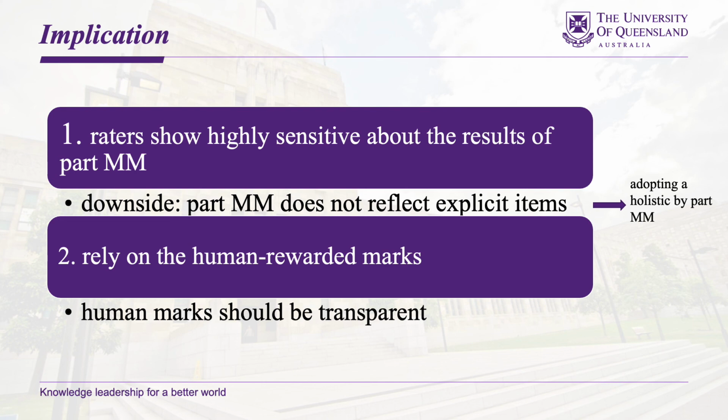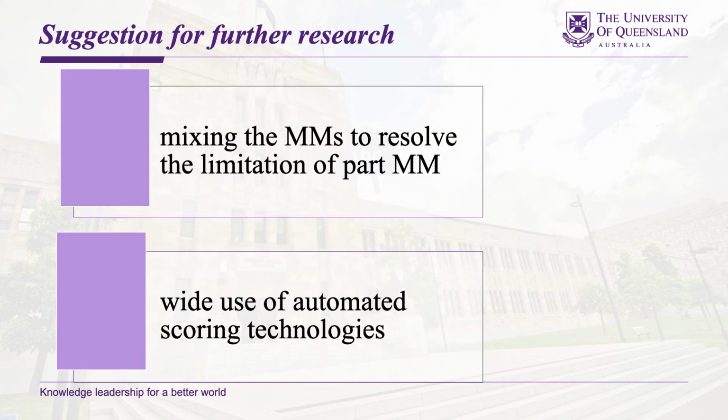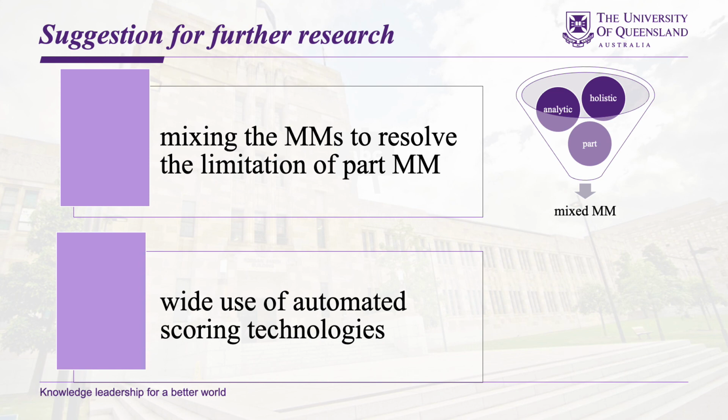Another implication is that when developing the choice of marking models, it relies on the human-awarded marks, so it is important to make the human markers transparent. Suggestions for further research. First, consider mixing the marking models to resolve the limitation of the part marking model.